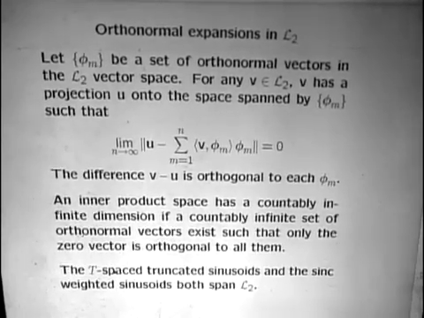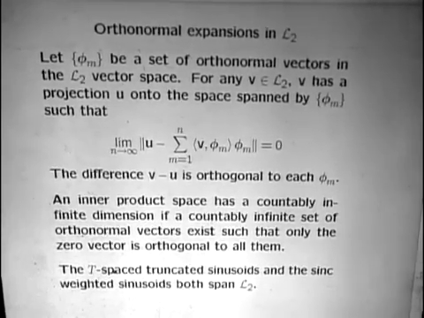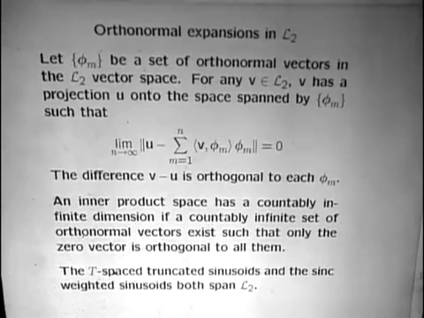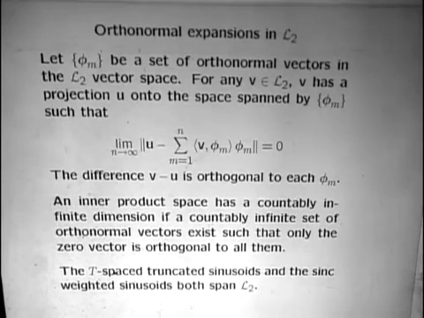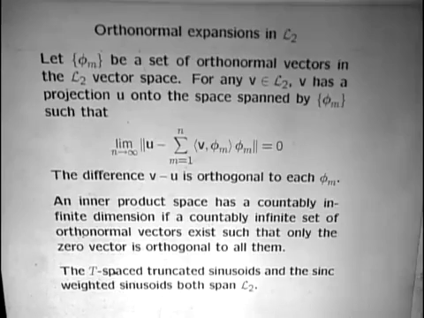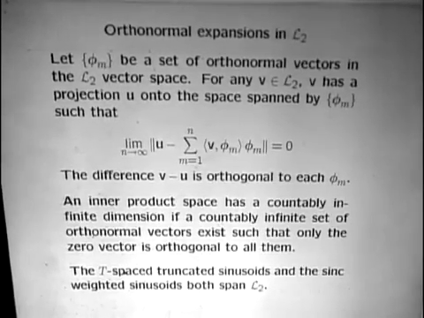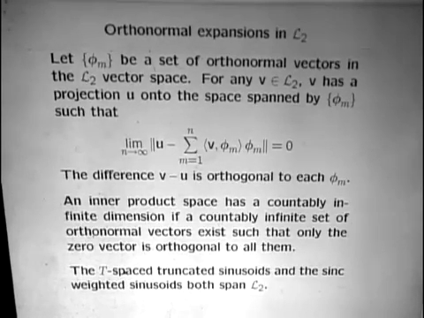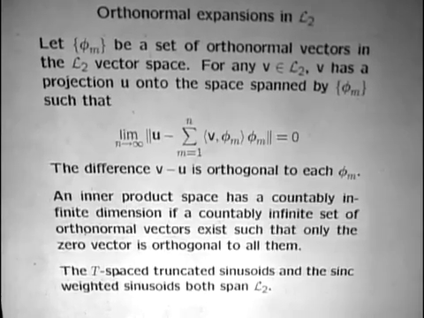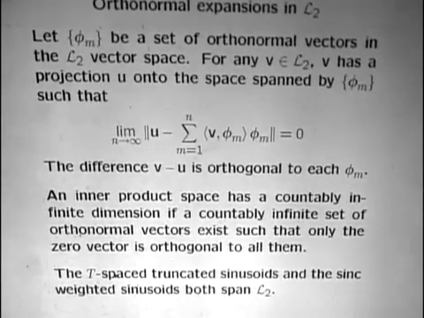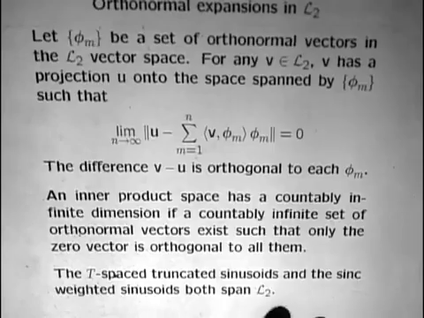The thing that we said last time at the end of the hour, we quoted this theorem, which was almost obvious, I think, in terms of the other things that we did, which said that if you start out with some vector v, you can project it successively onto the set of orthonormal functions in such a way that you get closer and closer to the vector that you're looking for.